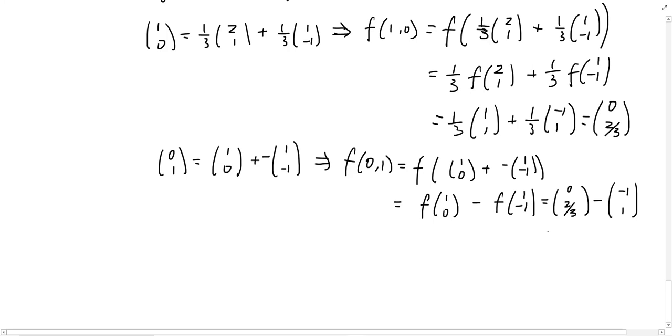So this is what we have. 0 minus -1 is positive 1. And then negative 2/3 minus 1 is negative 1/3, I'm sorry. If you do it any other way, I would imagine you get the same exact answer like I do.